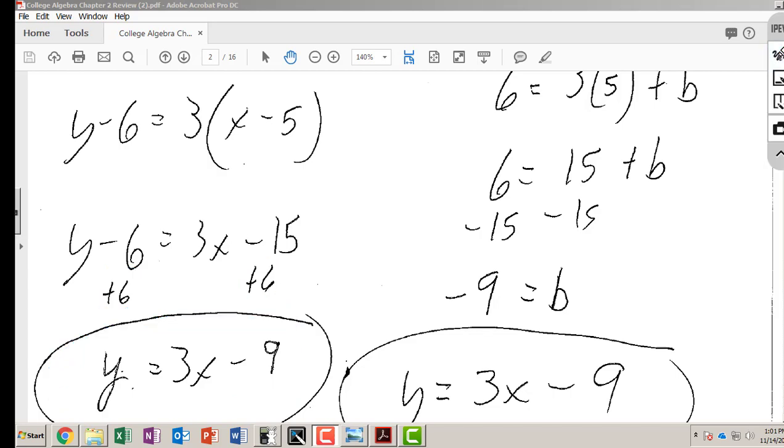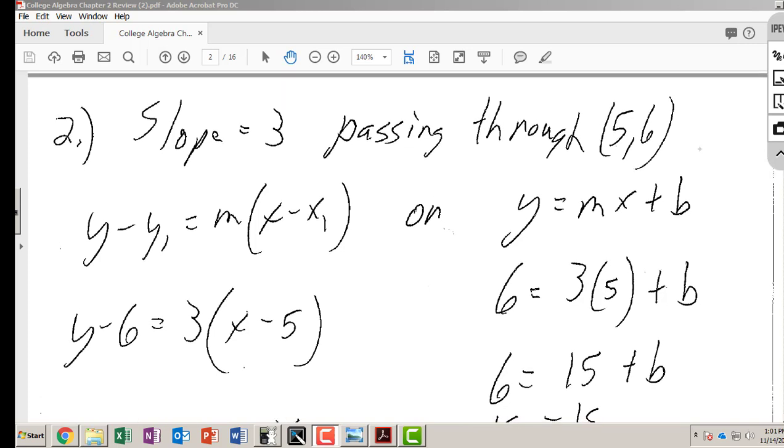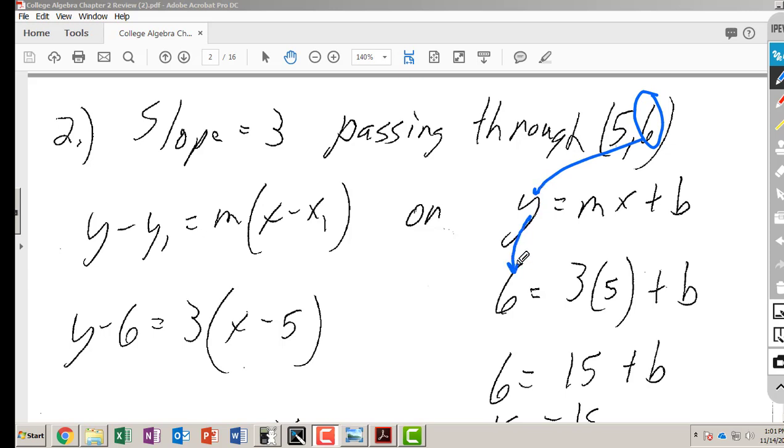Now if you want to use your other equation that we used last year, you can use the y equals mx plus b. It's still just a matter of substitution. So substituting in your values, notice here is my y value, so it's going to go in place of y here. So I substitute it in, I get 6.